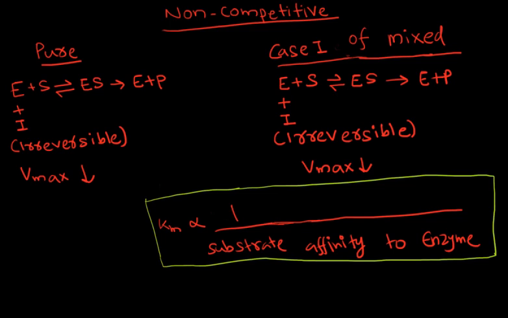So why, we already have discussed in all the other previous videos, right? Why does it happen? Because if the inhibitor binds irreversibly with the enzyme, the enzyme is lost, right? So if the enzyme is lost, the total enzyme is reduced.